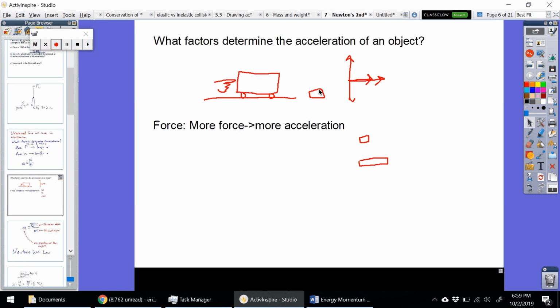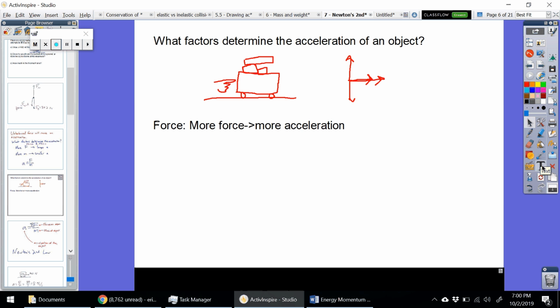And how could I change the mass of that cart? Well, I could just load it up with mass. So put little masses on top of it. Hold on, okay, grab that guy. There you go. I put these guys on top of it. I don't know how that balanced there, but still. So now this has more mass, and when I push it, as we learned on Friday, if you have more mass, it is hard to accelerate, right?